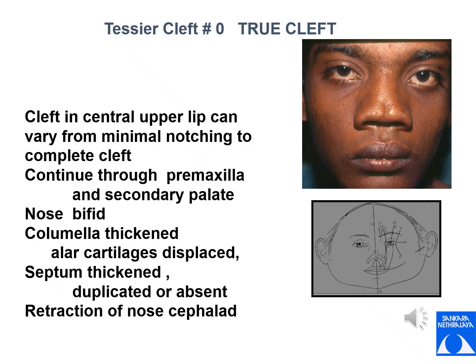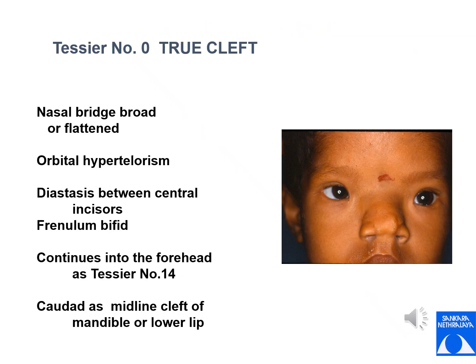Tessier cleft 0, true cleft: a cleft in the central upper lip can vary from minimal notching to complete cleft. It continues through the premaxilla and secondary palate. Nose is bifid. Columella thickened. Alar cartilages are displaced. Septum thickened, duplicated or absent. Retraction of the nose cephalad is seen.